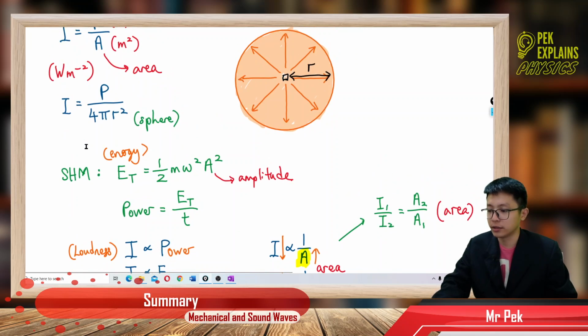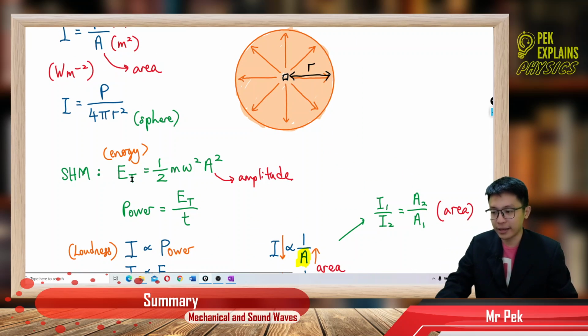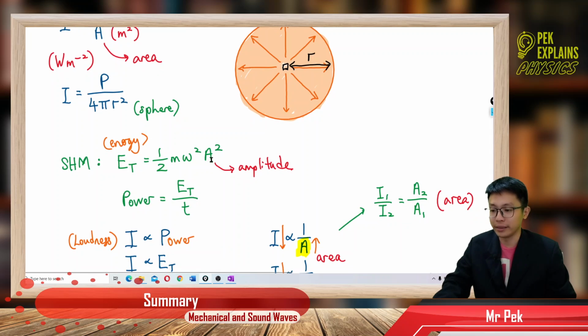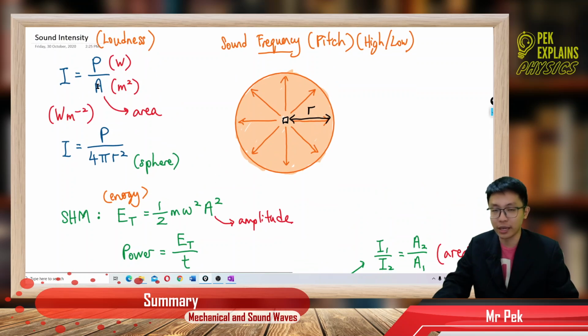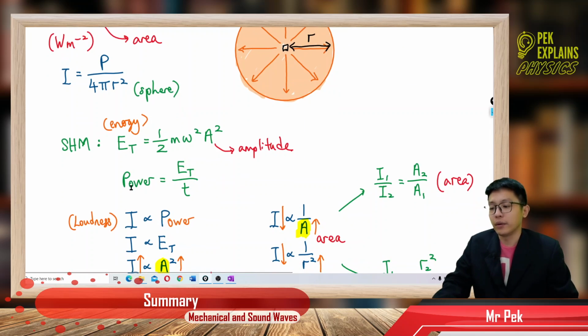Now, let's look at the formula of total energy. In simple harmonic motion, we learned the formula for total energy, which is half m omega square amplitude square. This is amplitude, not the same as the area here. We also know that power is total energy over time.